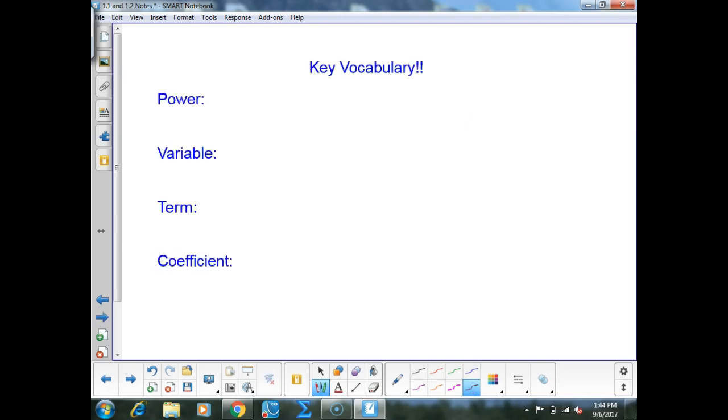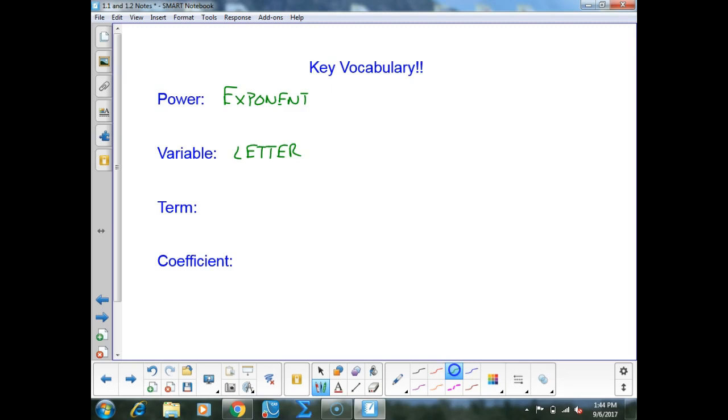Some 4 key vocabularies. You know these already. You don't necessarily have to write these down if you don't want to. Okay? A power is an exponent. A variable is a letter that is used to represent an unknown quantity.